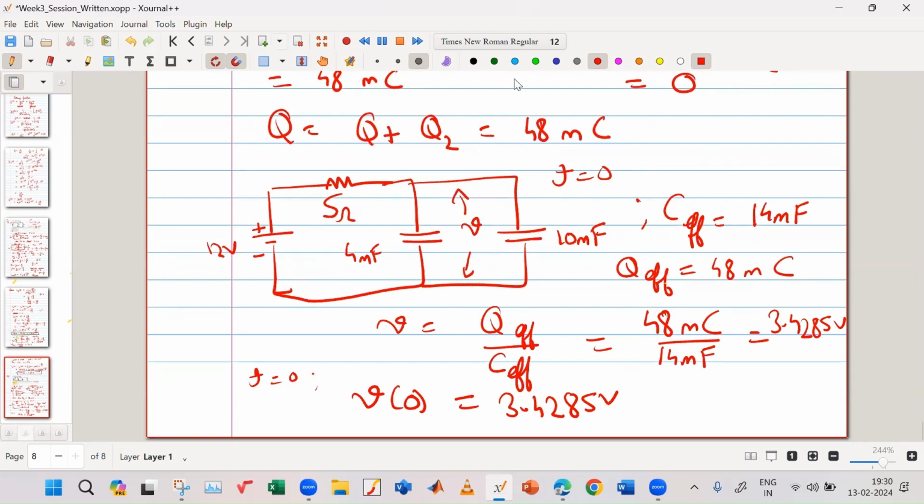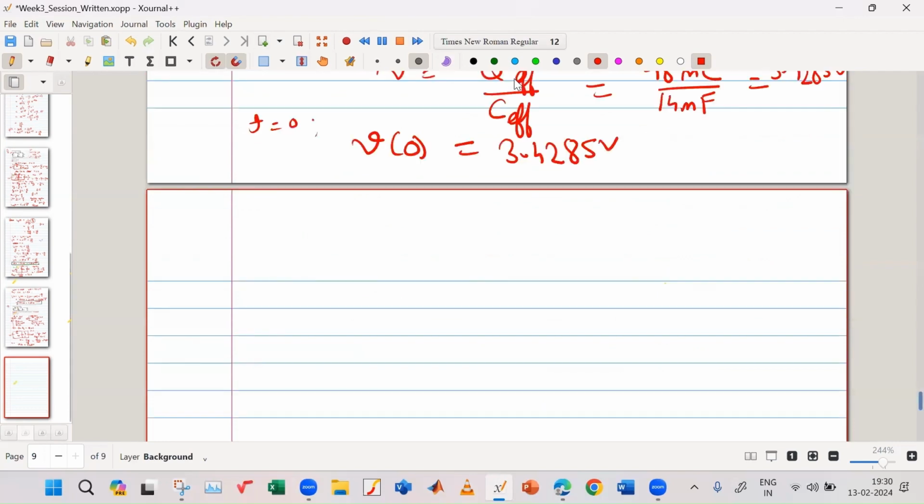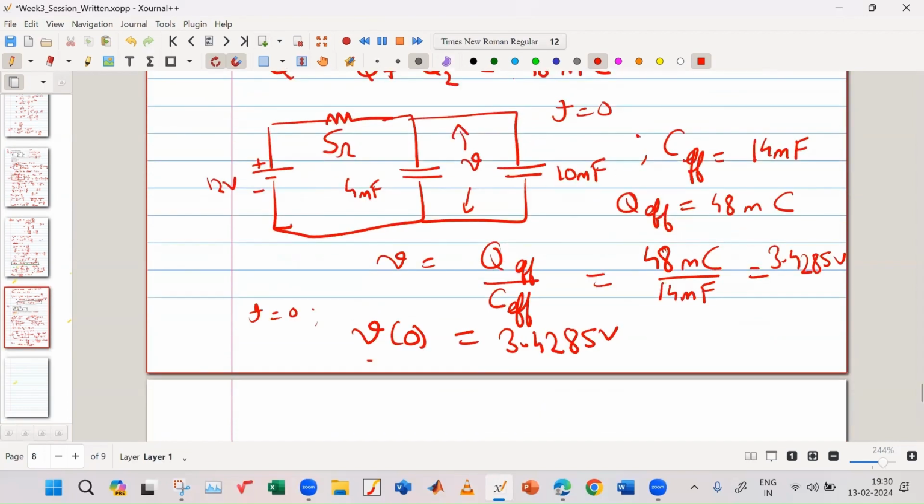So what have we got? We have got the initial voltage now is 3.4285 volt. Now in this circuit, you tell me what will be the final voltage across the capacitor. Final voltage means the steady state voltage across the capacitors.